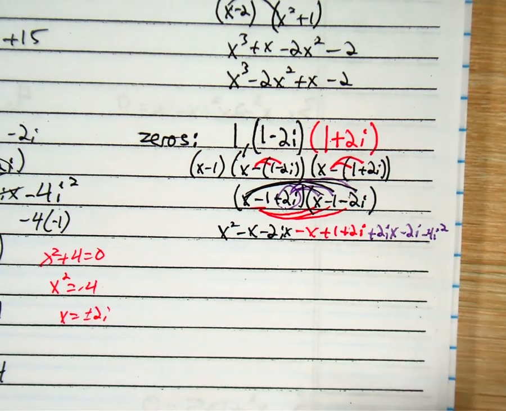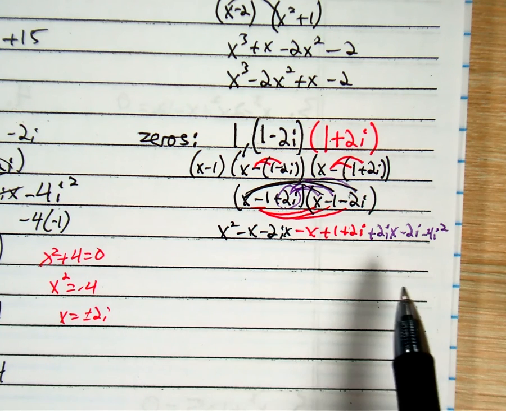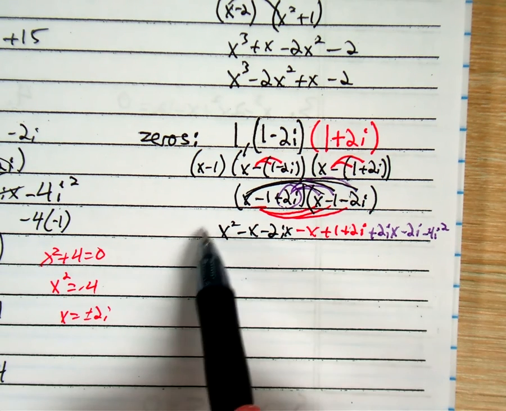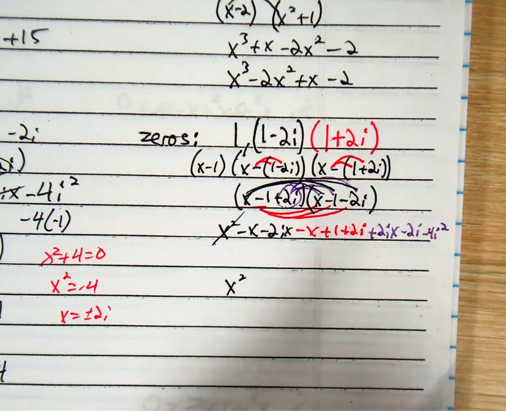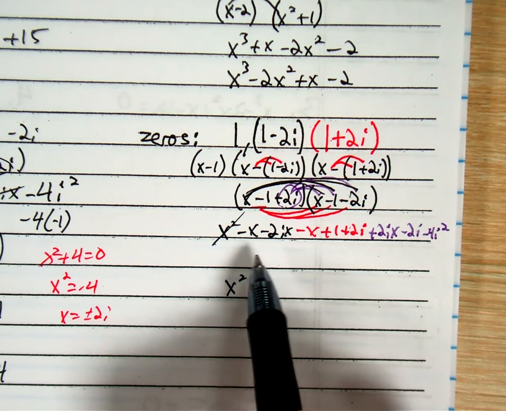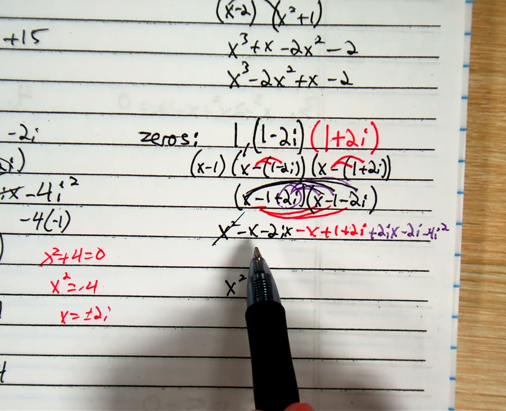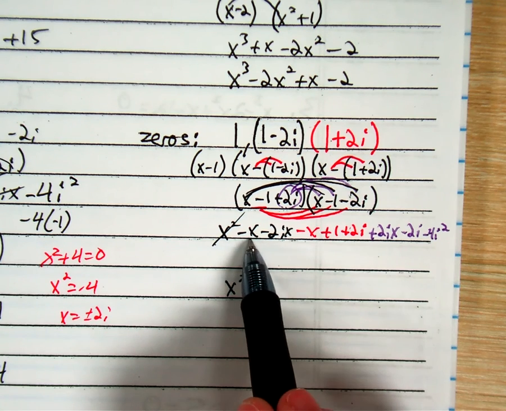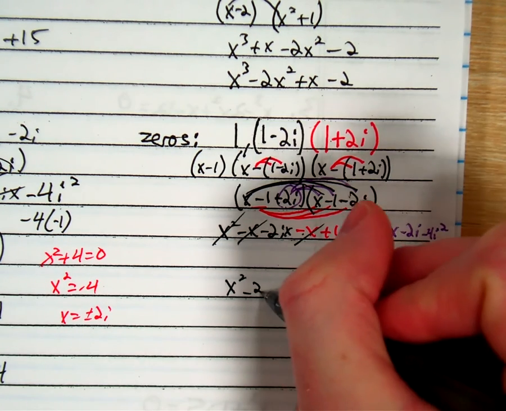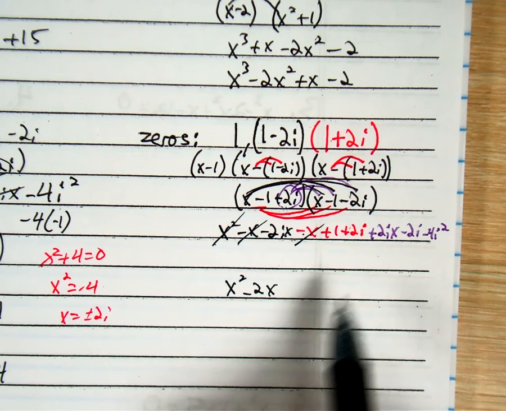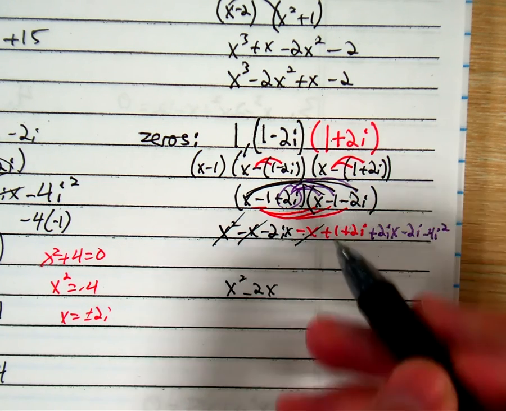Now we're looking to combine. When I have a lot of things like this, I kind of cross them out as I go. So x squareds. No other x squareds. Cross it out. Regular x's with nothing else attached, no imaginaries attached. We got minus 1x and another minus x for minus 2x. Imaginary x's: I got minus 2ix plus 2ix. Those are going to cancel out.